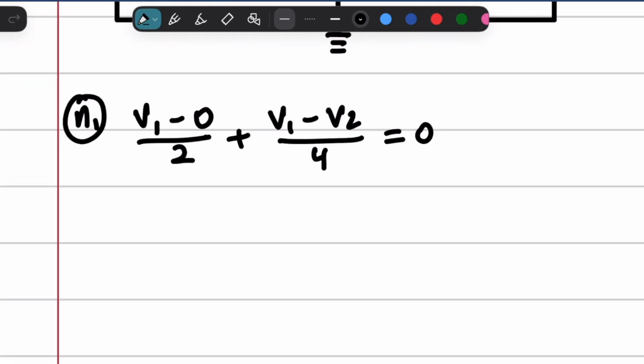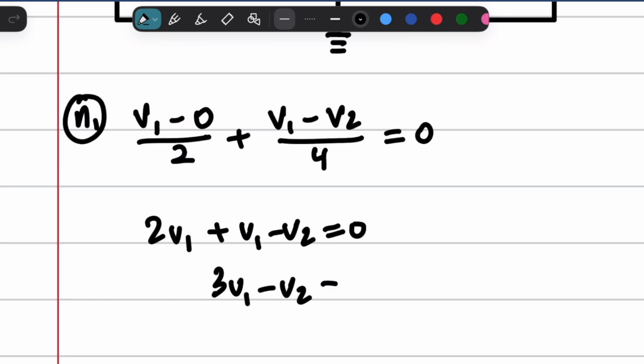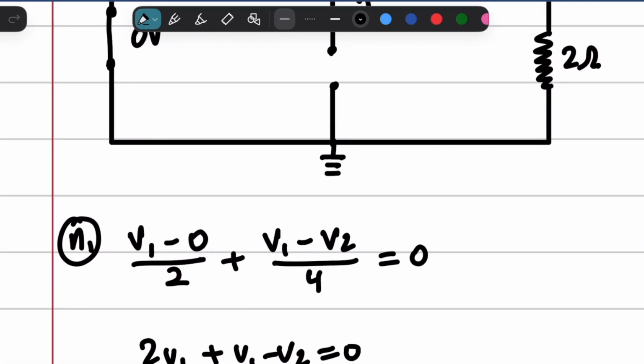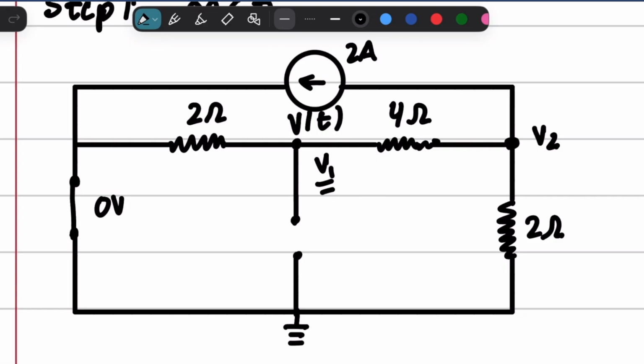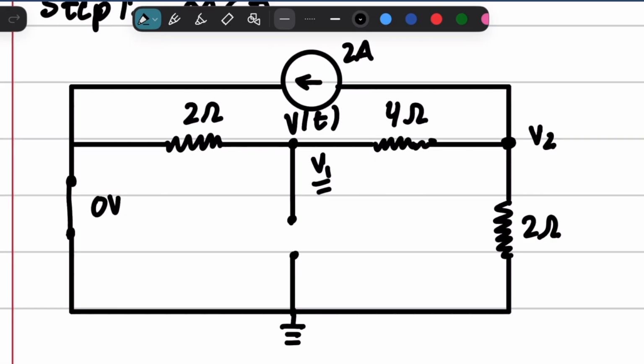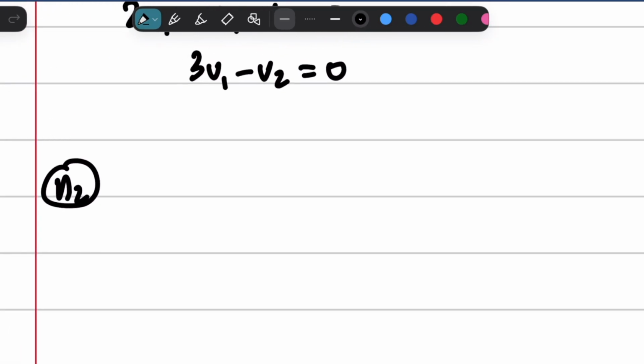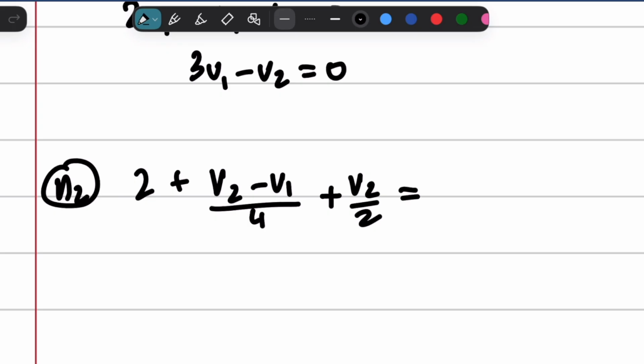And we're going to go ahead and simplify this out, multiply both sides by 4. And we're left with 3v1 minus v2. Now let's go ahead and solve for n2. And n2 is going to be v2 minus v1, and then the v2 to ground. v2 minus v1 over 4 plus v2 over 2 is equal to 0.